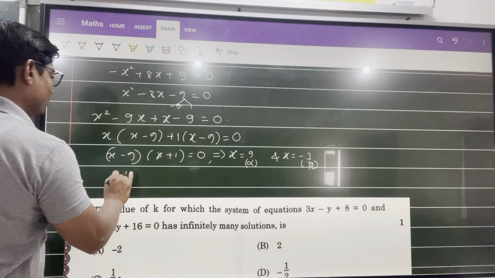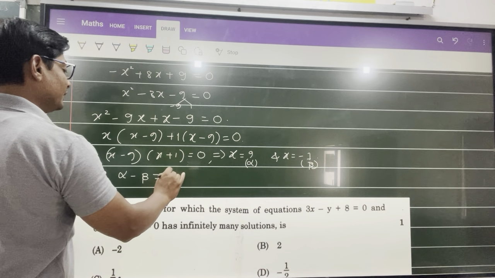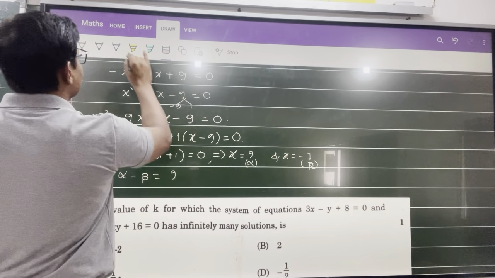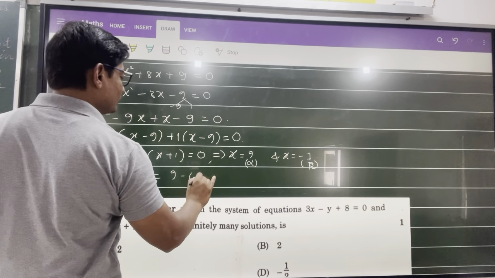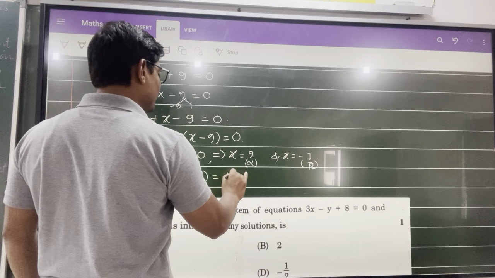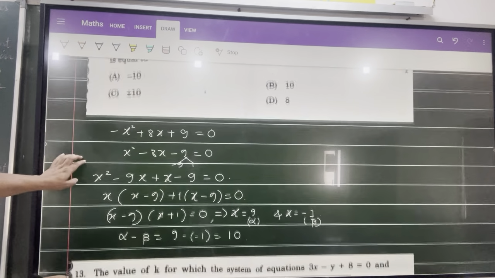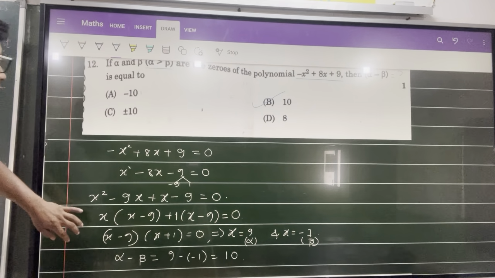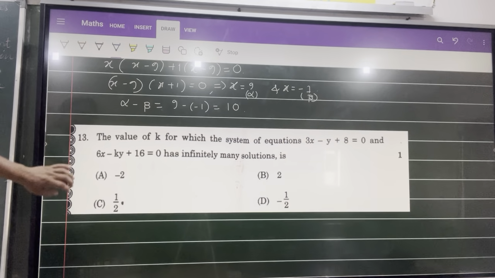We have to find alpha minus beta, which is 9 minus minus 1, so therefore this is going to be 10. Check which is the correct option here. Option number B. Many of the questions seem to have option B as the correct option.